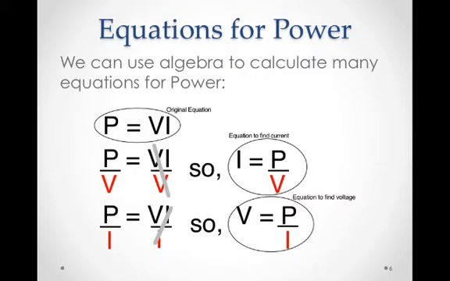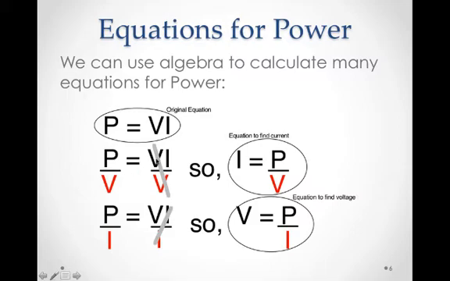We can make a couple other equations from our original power equation by using a little bit of algebra. Let's say that I know the power being used or dissipated or delivered, and I know the voltage source. I just don't know how much current there is in a circuit. Well, here's our power equation that could help us find the current.